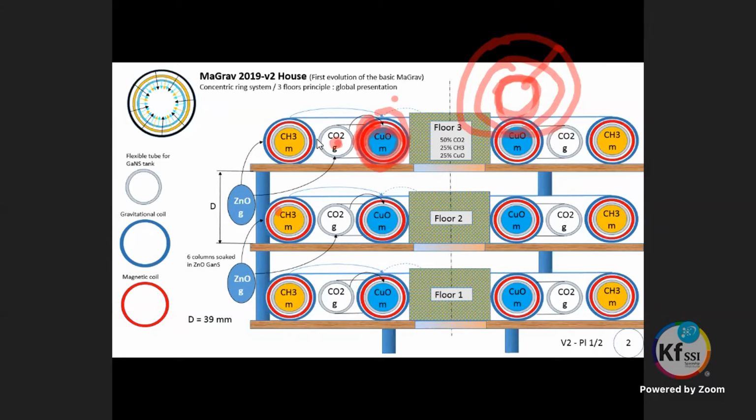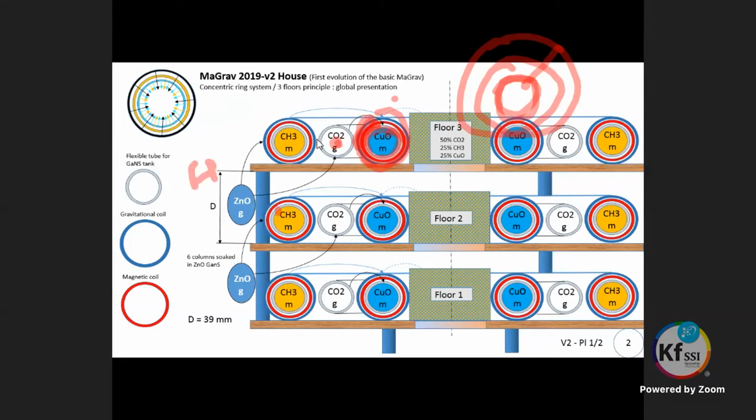So, CH3 at the core, in the middle, CO2 around, CuO on the external. That's right? Of course. As a strength, calculate the strength. What do you mean when you say as a strength, Armin?